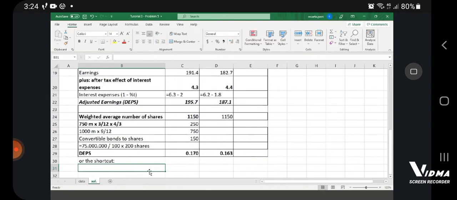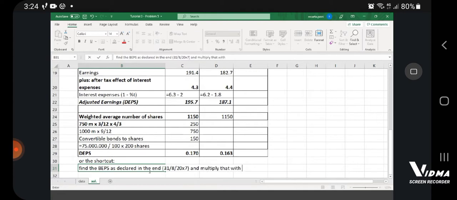The shortcut is calculate or find the basic earnings per share as declared in the end, and in the end we mean 31st of August 2017, and multiply that with the inverse of the bonus factor. Okay, so this is the second way.